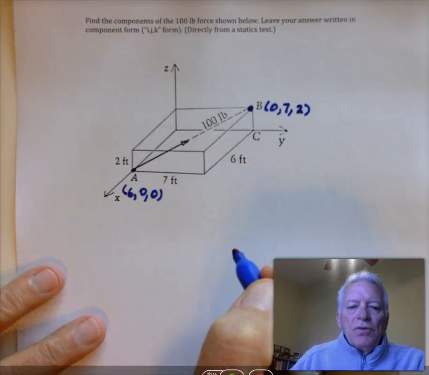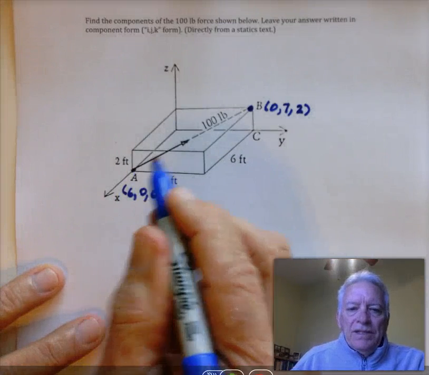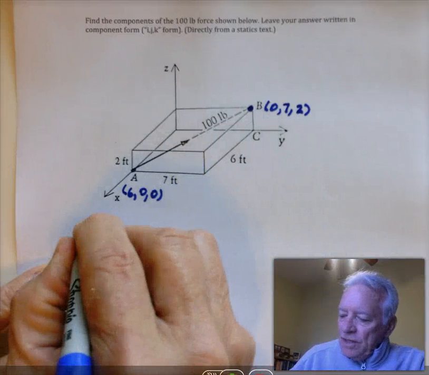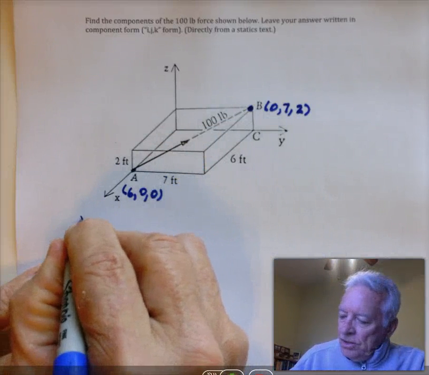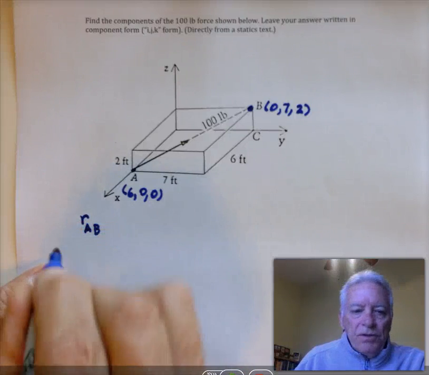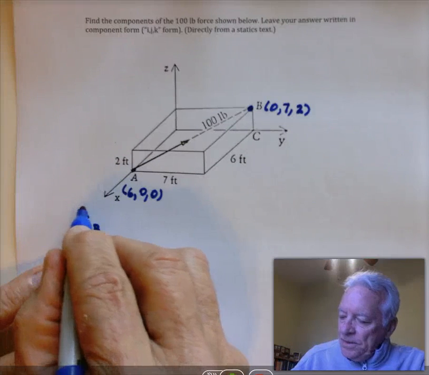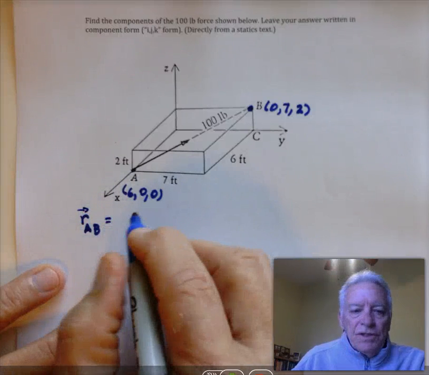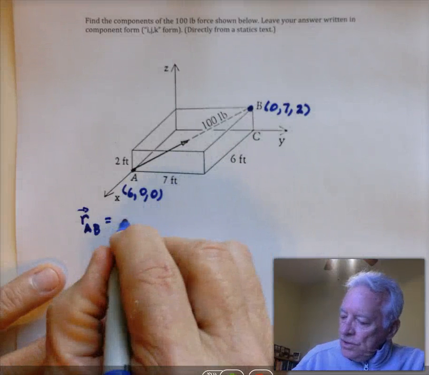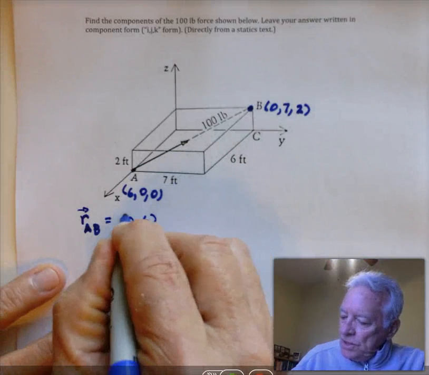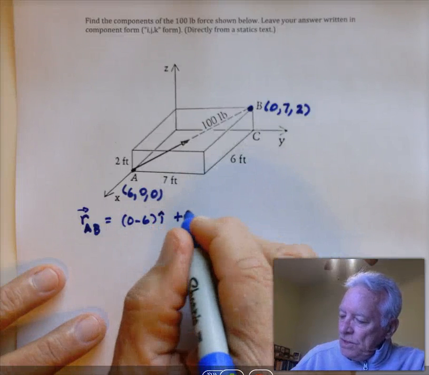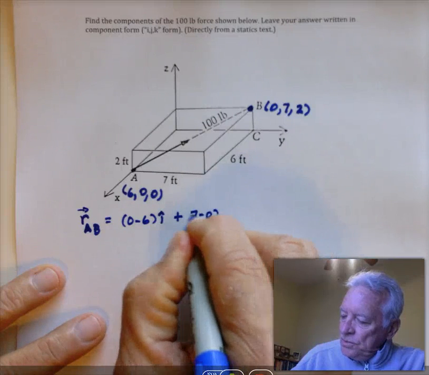Once you have the coordinates of A and B, we can write a vector, and I'll call it R with a subscript of AB. To get that vector, we just have to take the difference in the coordinates. For the x-coordinate, we'd have 0 minus 6, i. For the y-coordinate, we would have 7 minus 0, j.